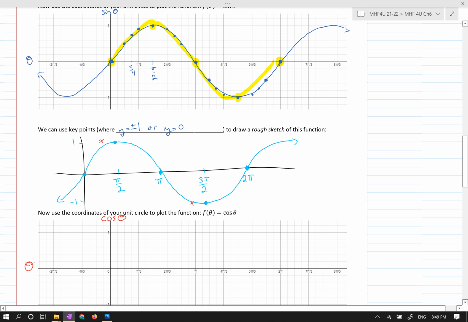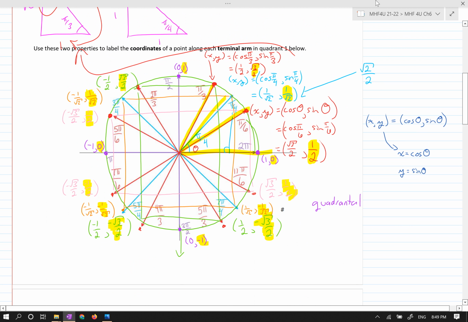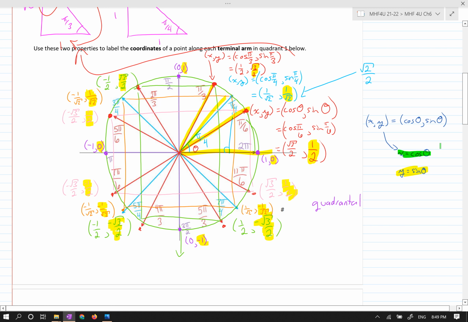Now, if we remember how we came up with the coordinates for these points on our first function, we took them right from our unit circle. We took them from the coordinates of the points on our unit circle. What we did is we took them from the vertical coordinates on our unit circle because we knew that y is equal to the sine of theta. Fantastic, good job us. Now we're going to work with x, which is equal to the cosine of theta.